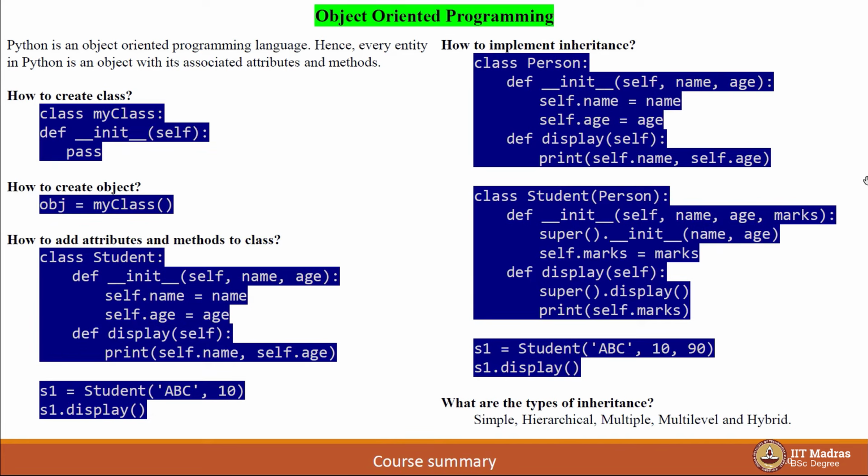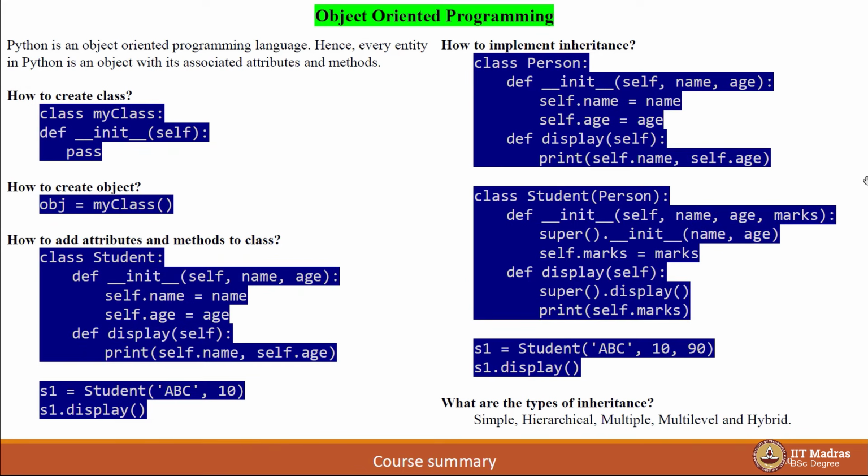And as I mentioned earlier, object-oriented programming allows us to translate not just objects, but relations between objects as well. And that is when we discussed something called inheritance, where we discussed how one class can be created by taking help of another class. In such a case, the original class is referred to as parent class, base class or superclass, whereas this newly created class is referred to as child class, derived class or subclass.